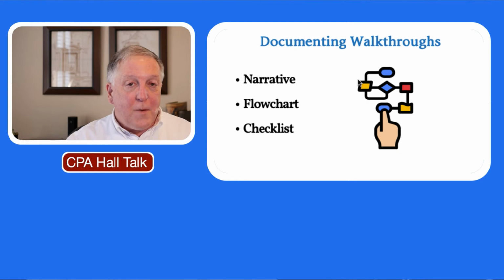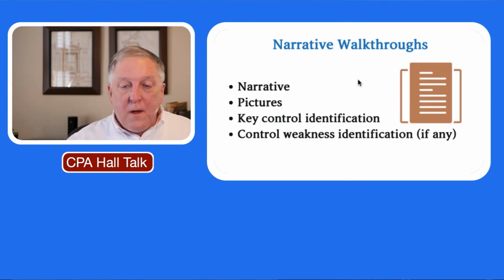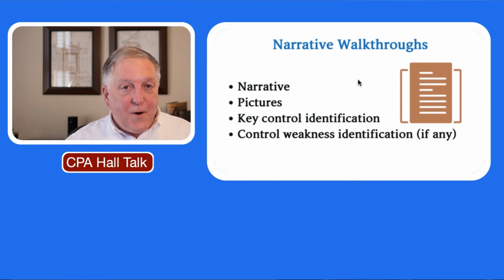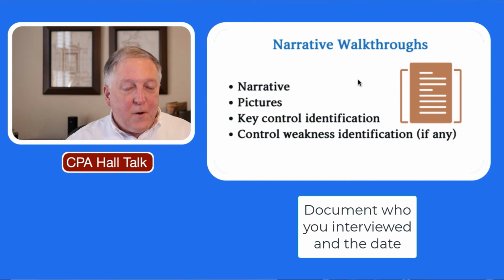Now if you do a narrative walkthrough like I do, when I get done, I go into a Word document, nothing fancy here, and I just start typing what it is I saw in terms of the transaction flow.